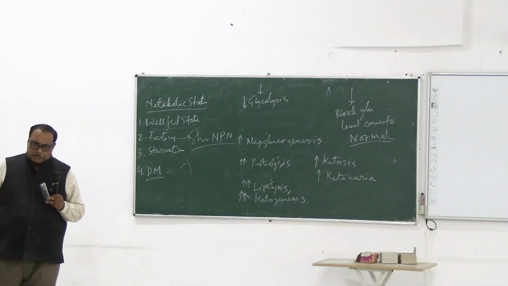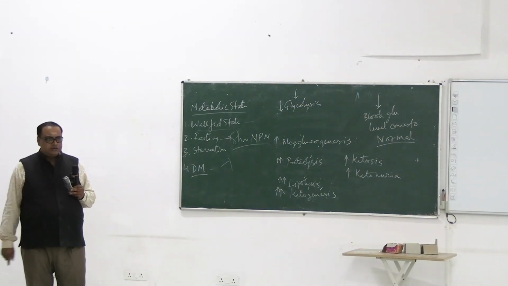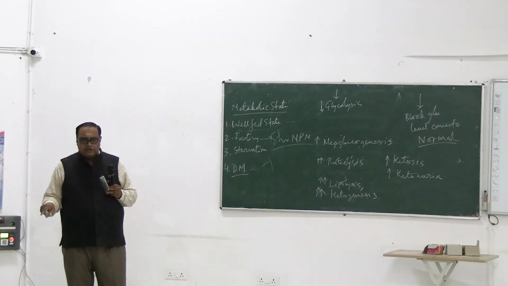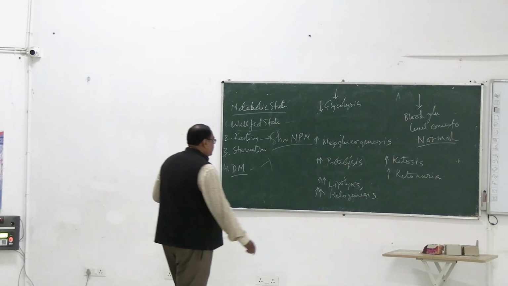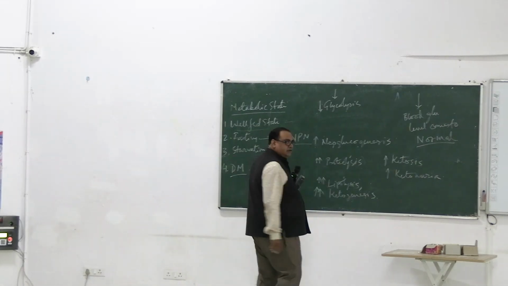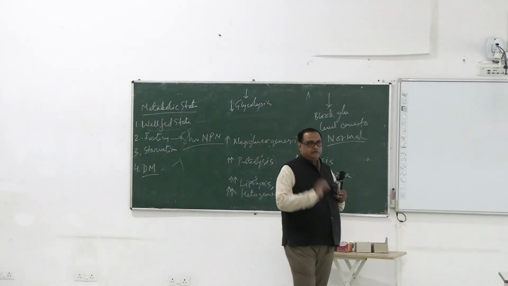So the excess ketone body causes accumulation of ketone body in the blood, leading to ketosis, condition called ketosis, and the excess ketone body appear in urine, leading to a condition called ketonuria. Test for ketonuria, Rothera's test. Done. This is an accumulation of ketone body in the blood.